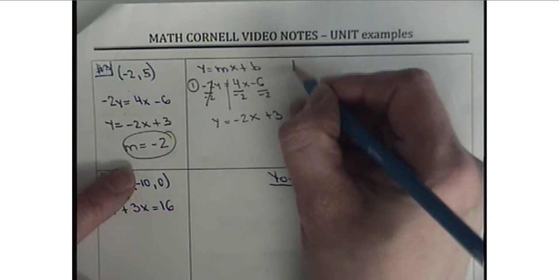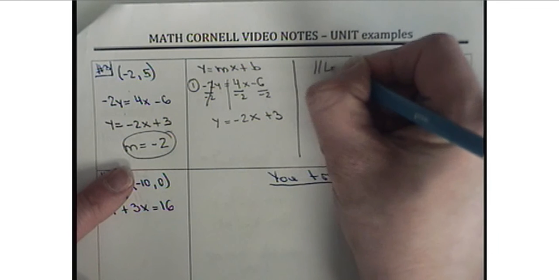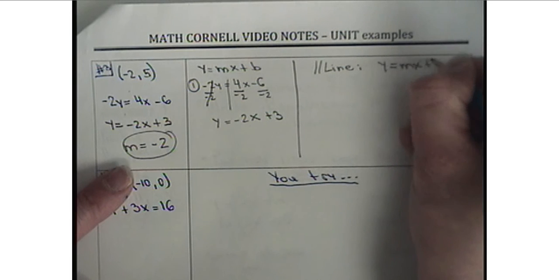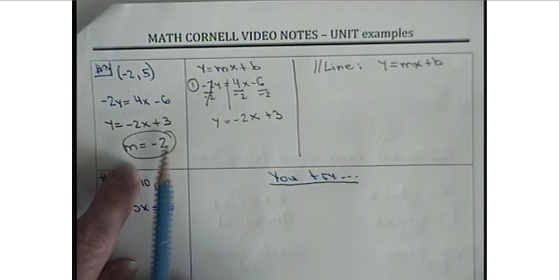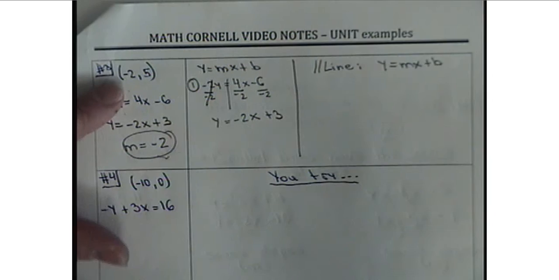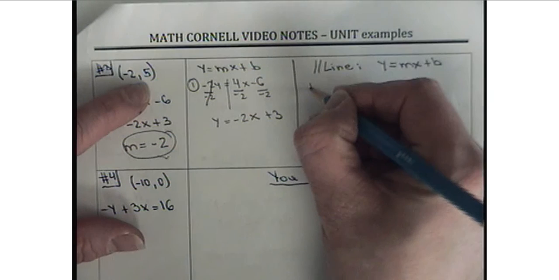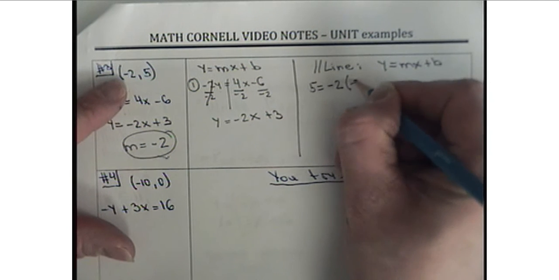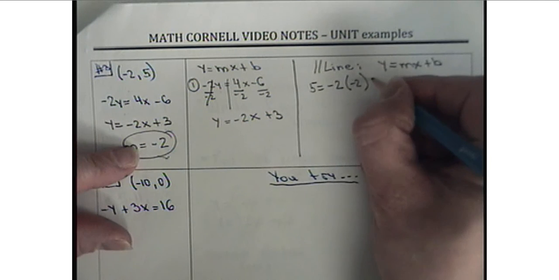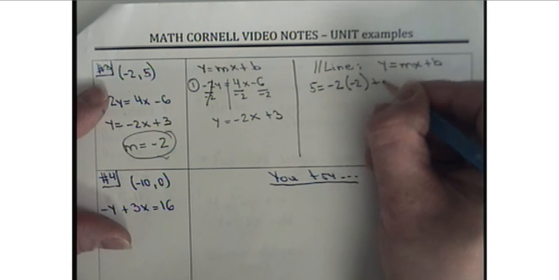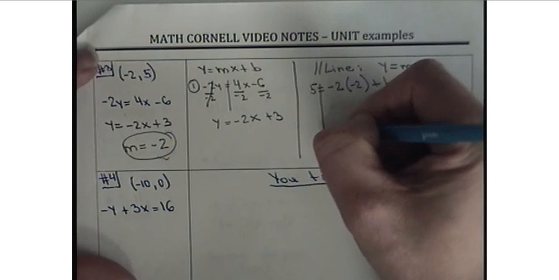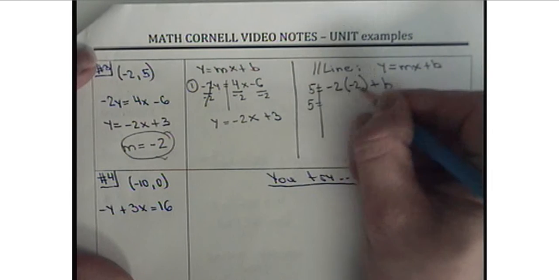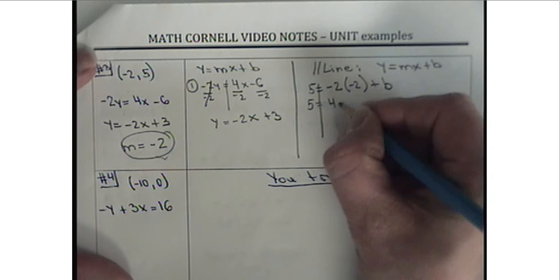And I'm going to point out that the slope is -2. So now the parallel line equation, y equals mx plus b, to the point, and we substitute y with 5 equals negative 2 for the slope times negative 2 for x, and then plus b. So we're going to get what b is equal to. 5 is equal to negative 2 times negative 2, which is positive 4, plus b.